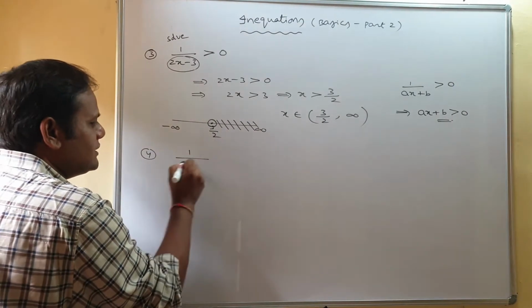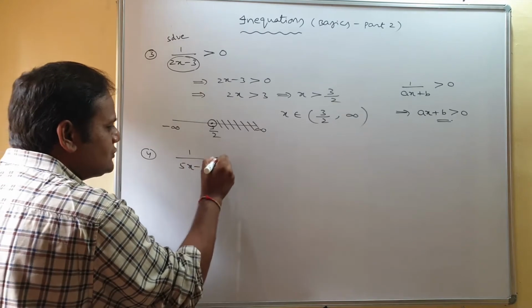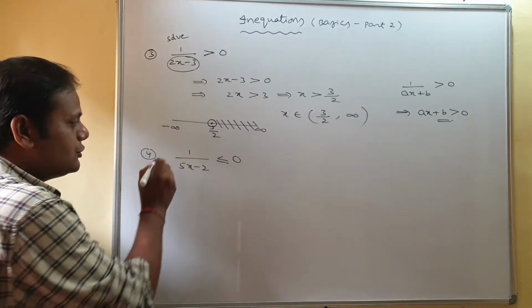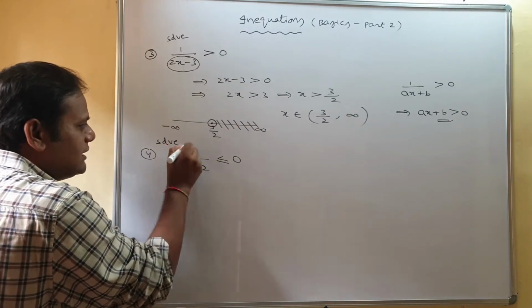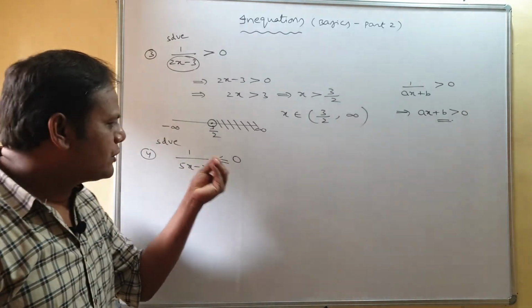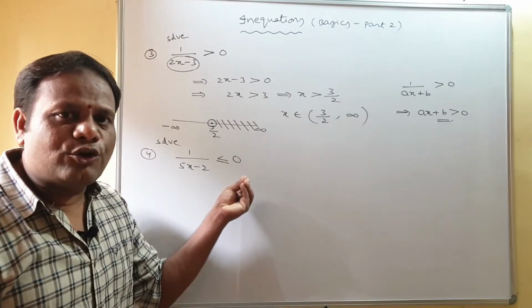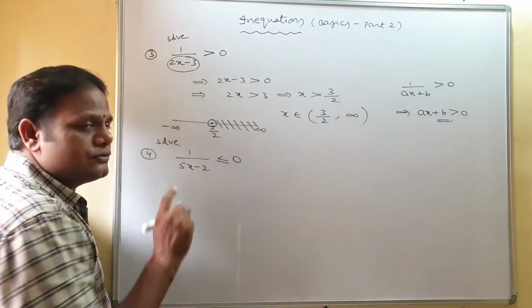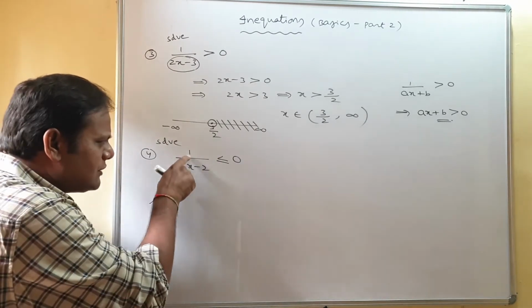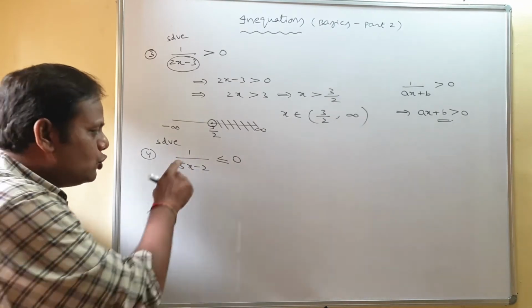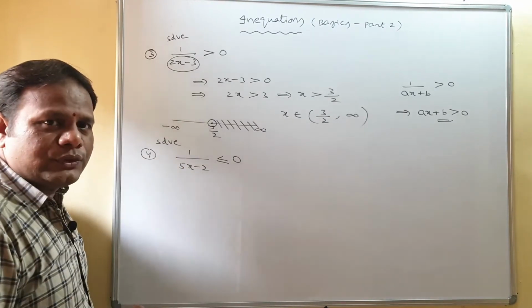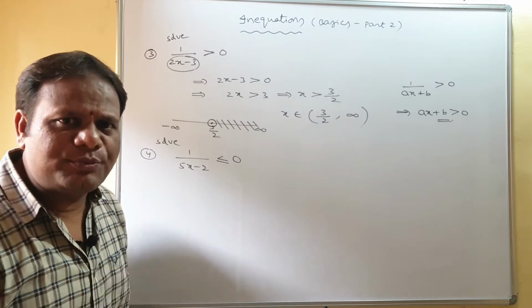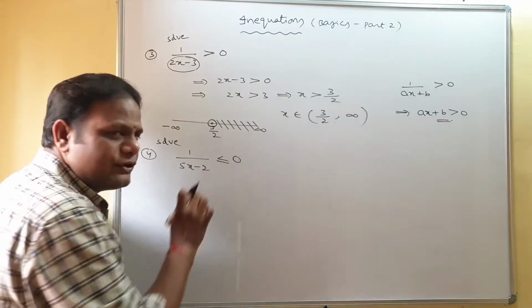Suppose the inequation is 1/(5x minus 2) less than or equal to 0. You have to solve this inequation. Here you can tell that less than 0 means negative. Here it is less than or equal to 0. Once you observe, the numerator is 1. So is there any possibility of getting 0?